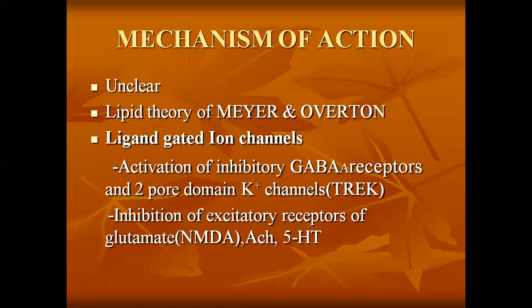In general, these agents inhibit the release of presynaptic excitatory neurotransmitters. General anesthetics also alter the postsynaptic responsiveness to the released neurotransmitter by enhancing the inhibitory neurotransmission within the CNS.